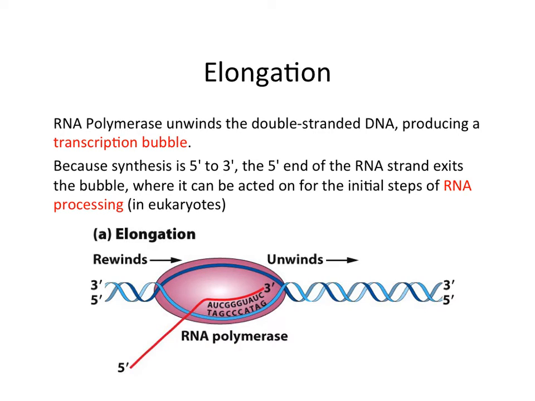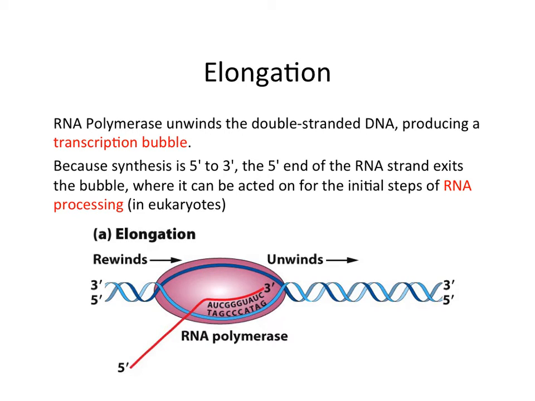So at this point, RNA polymerase is on the DNA, ready to start making RNA. That's the process of elongation, the second step in transcription. So RNA polymerase has many functions, one of which is it melts the DNA, just like in replication. It separates the two DNA strands.